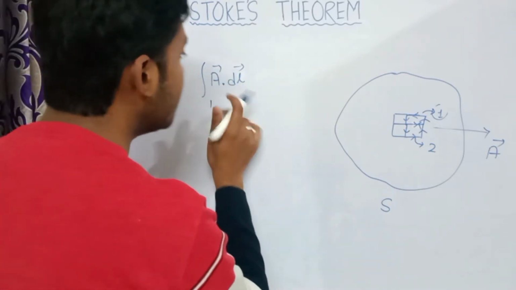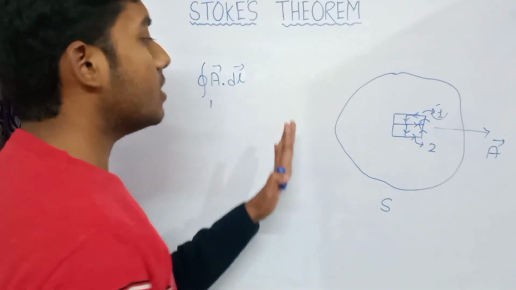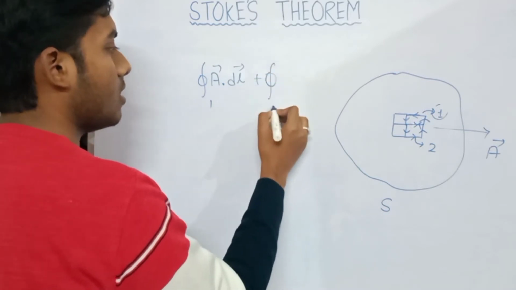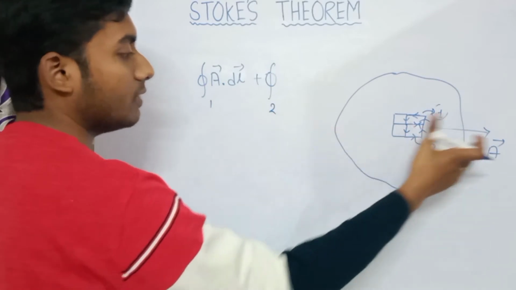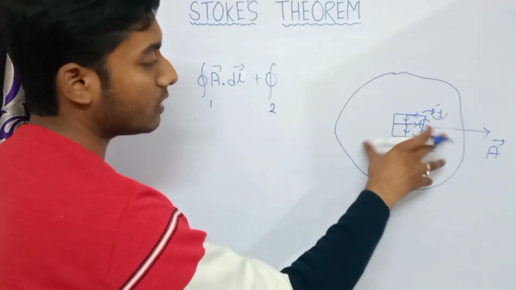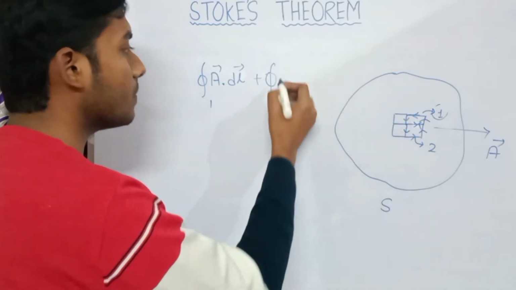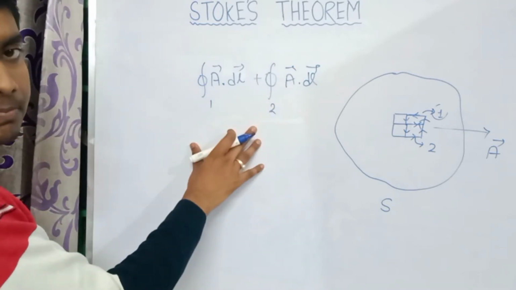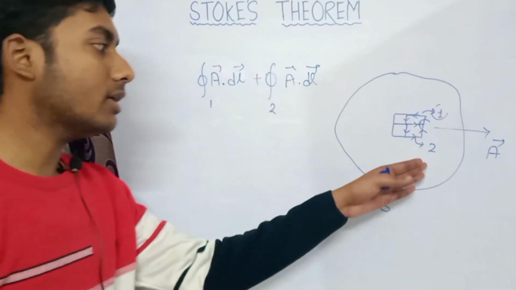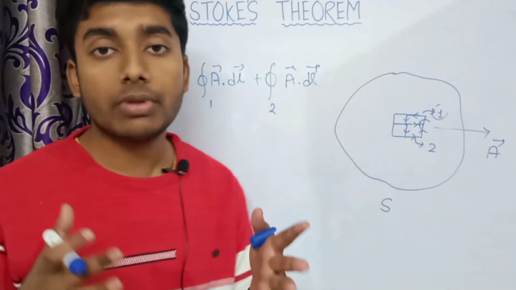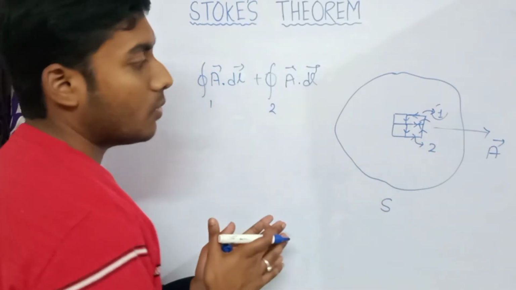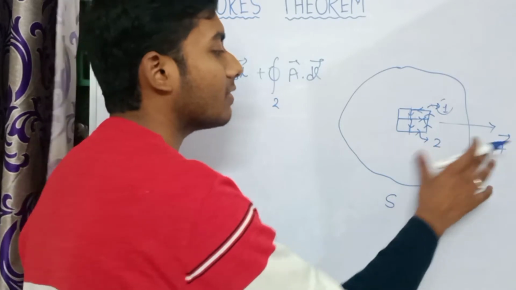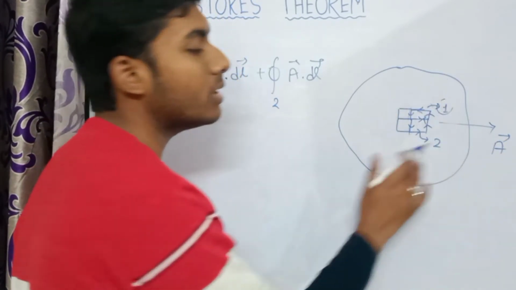Similarly, we can get the line integral of the vector field A for the closed path 2 also, A dot dl. If we sum the line integral for path 1 and the line integral for path 2, then we are left with only the line integral of the vector field over the boundary.